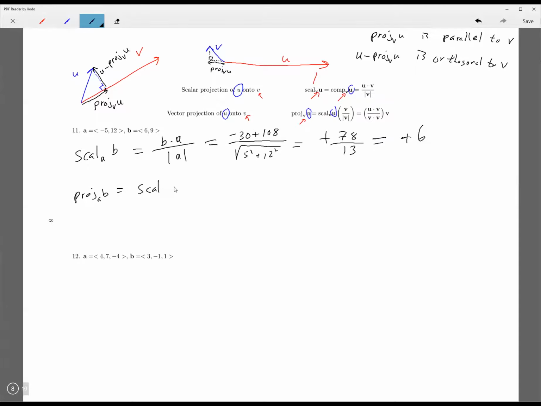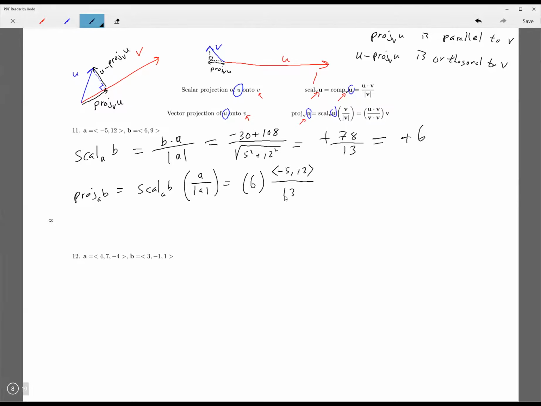projection of B onto A times A over the magnitude of A. Okay, and the scalar projection is 6 already. And then A is this vector here, so that's -5, 12.